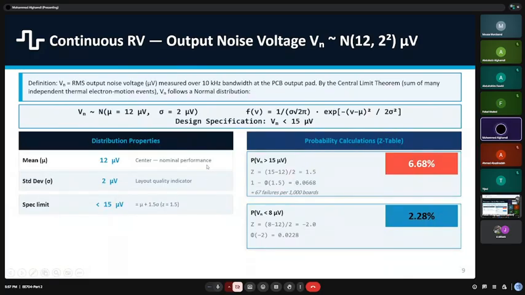After applying this, we can see that if the random variable Vn exceeds 15 microvolts, we have 67 failures per 1,000 units. This is the percentage. Once we go below the specification limit, we enhance this production line to be 2.28%.